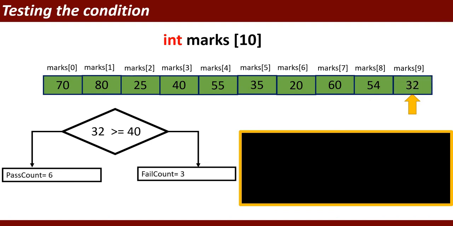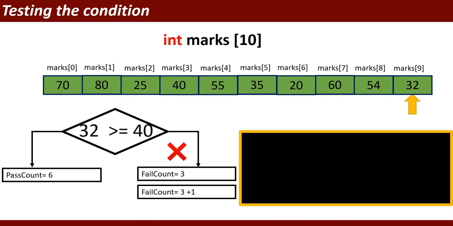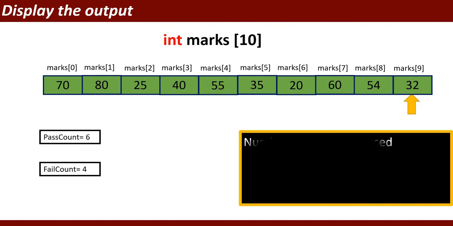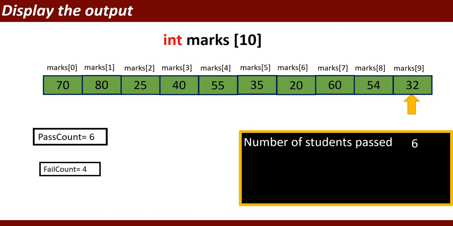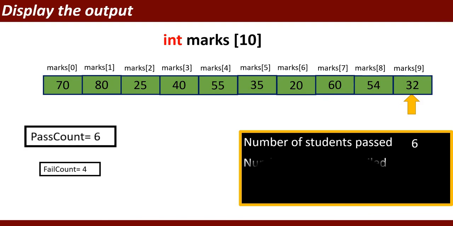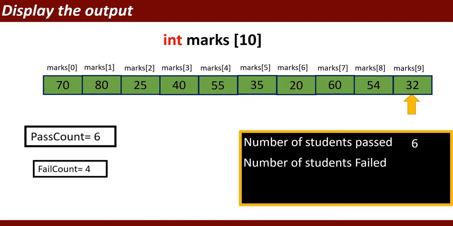Next is 32. 32 is greater than equal to 40? No, it's false, and it will increment in fail count variable, and fail count value will become 4. So in this way, number of students passed equal to 6, and number of students failed equal to 4.